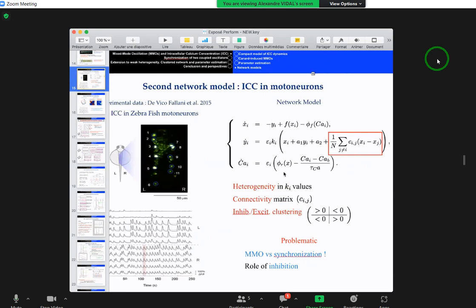In your case, the calcium does not interact with the electrical activity between neurons. The calcium activity interacts with the electrical activity in each cell, each node, and of course the neurons interact through electrical activity. Yes. So as you see, here is the network.